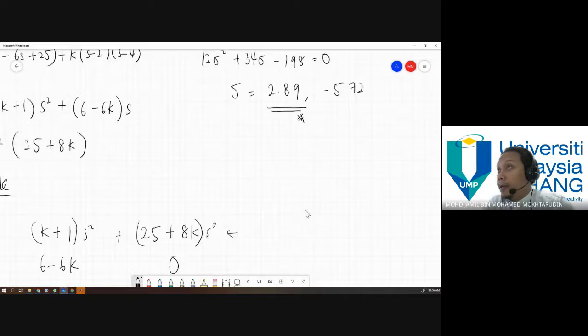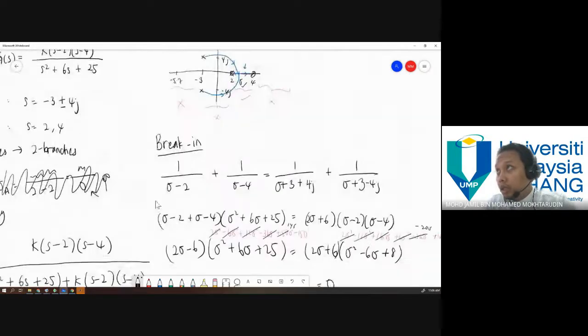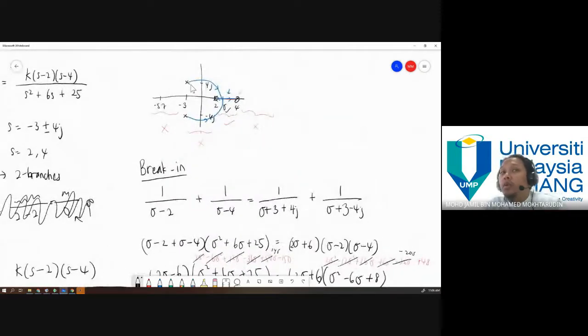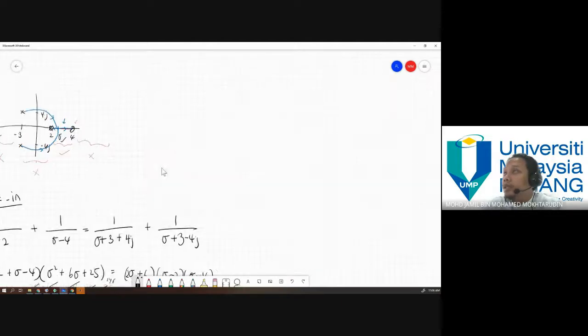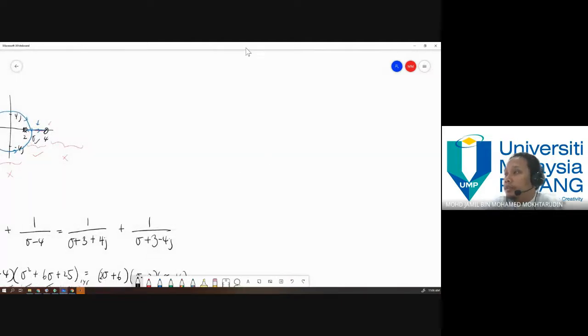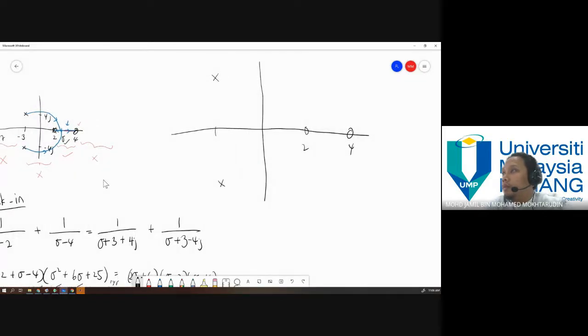Okay, and then we have complex poles, so we have an angle of departure. This angle of departure is traumatizing. Okay, so we want to find this angle.